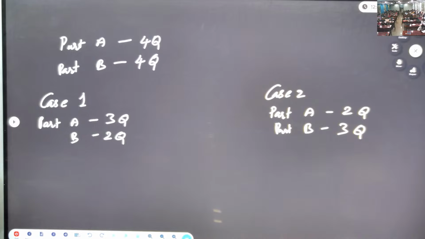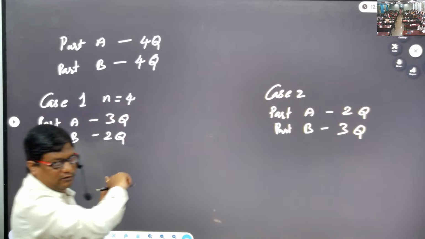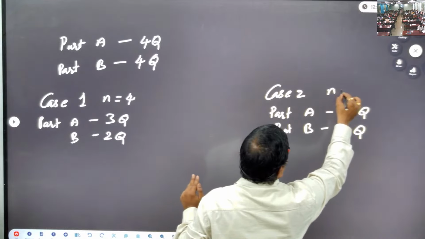How many questions are there in each part? 4 questions. N value is 4 in both cases, because part A contains 4 and part B also contains 4. It is fixed in both case 1 and case 2.